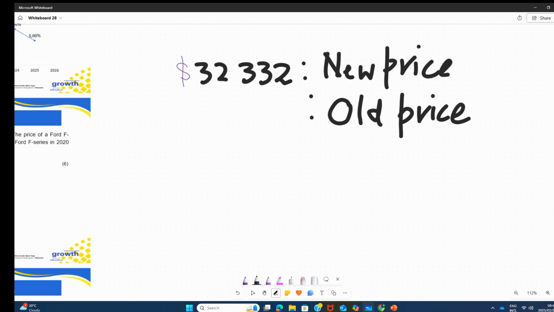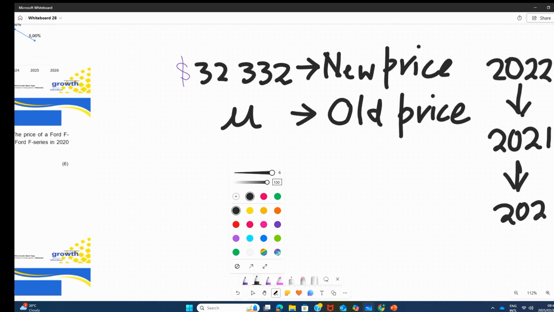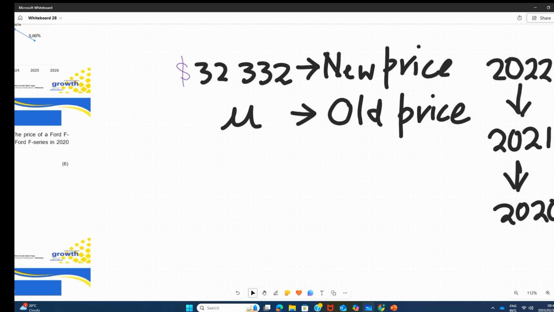So let me rather not use the ratio for now. Let me write it like this: this one will be the old price, the new price, and then we do not know our old price. But note this, grade 12, that when you are given the price of 2022, you cannot jump straight to 2020. You need to first identify the price for 2021 before getting to the final price of 2020. So this is a reverse calculation that we are supposed to do.